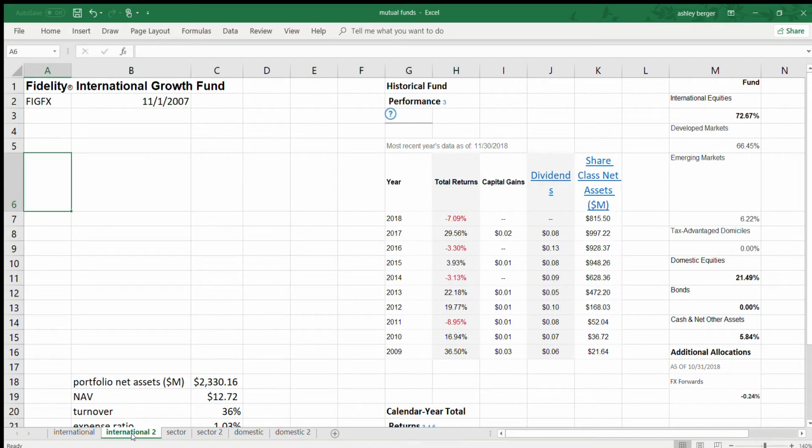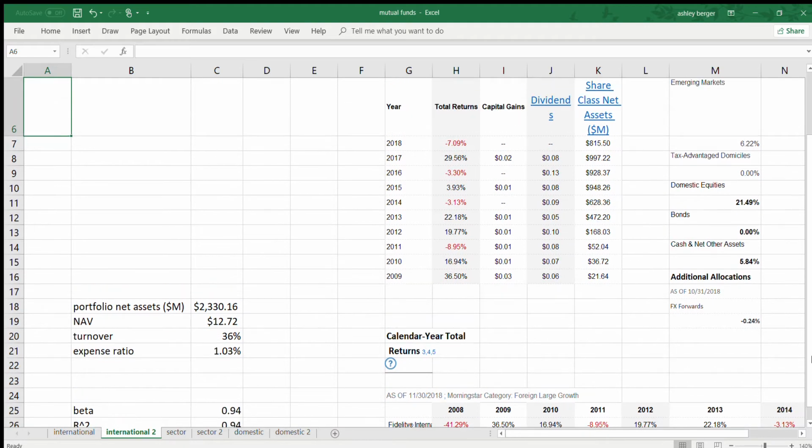The next international mutual fund is Fidelity International Growth Fund, which was incepted on November 1st, 2007. This one has a portfolio net asset of $2,330.16 million, a net asset value of 12.72 with a turnover rate of 36%, and an expense ratio of 1.03%.